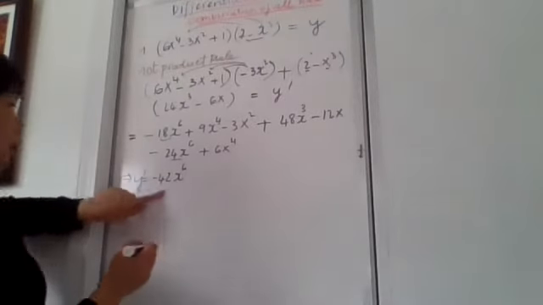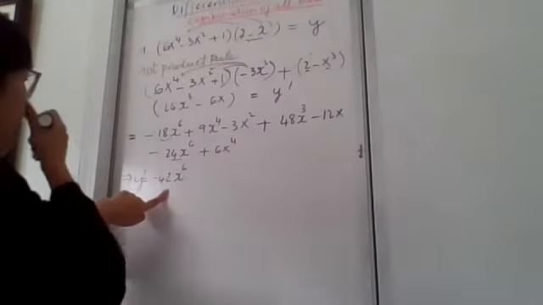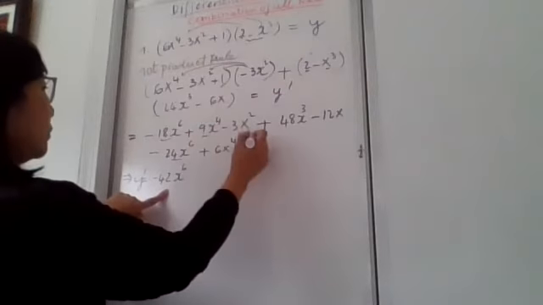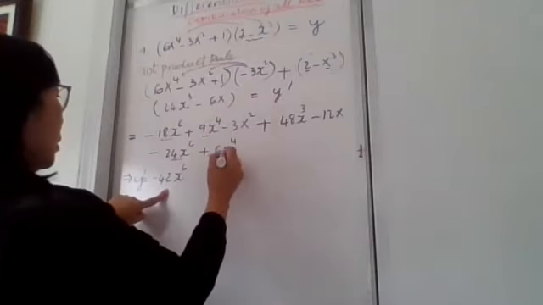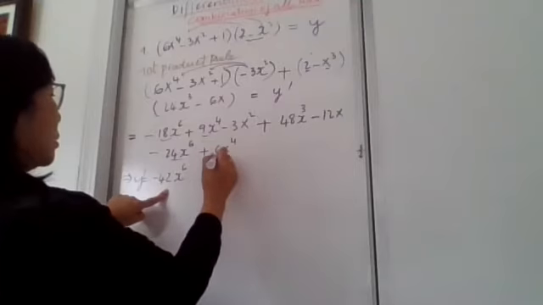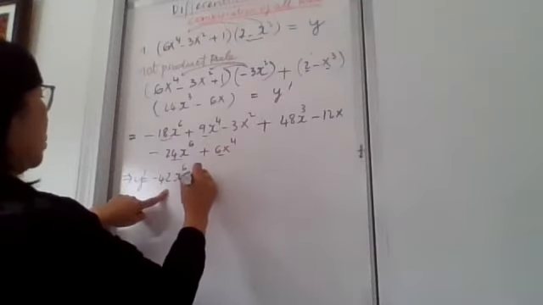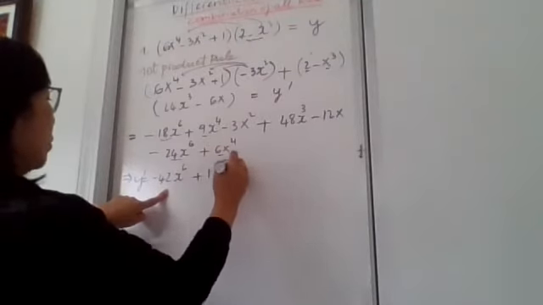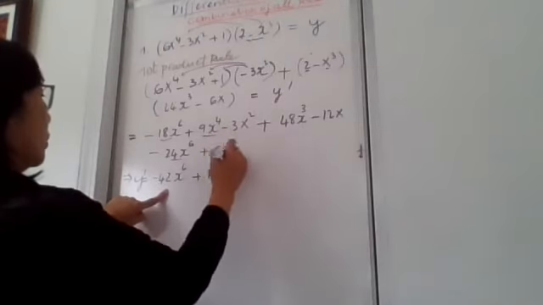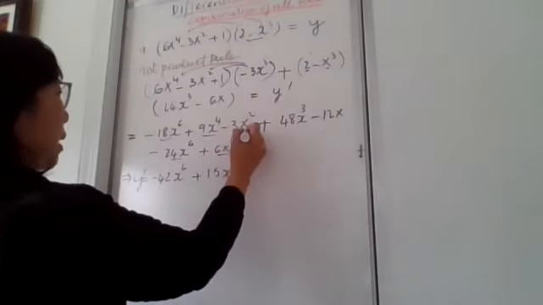Then 9x to the power 4, adding with 6x to the power 4, will be plus 15x to the power 4. So we're done with this.